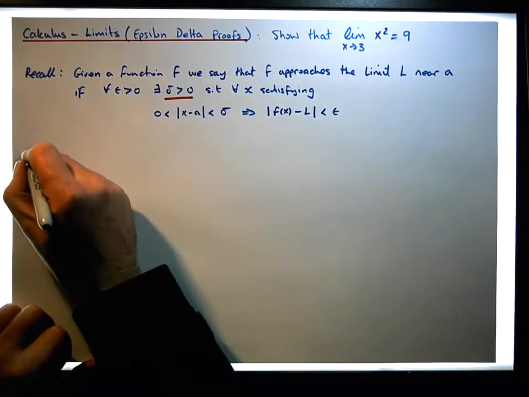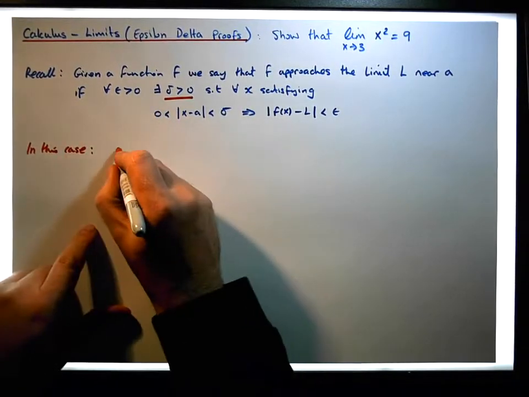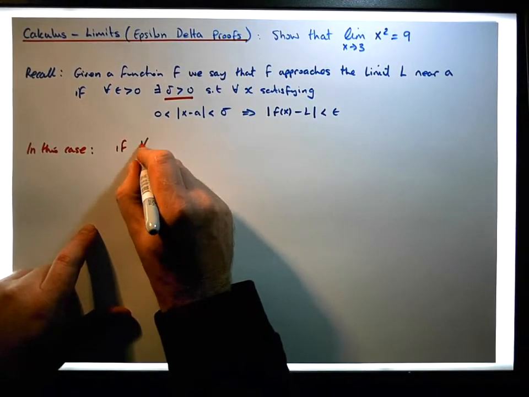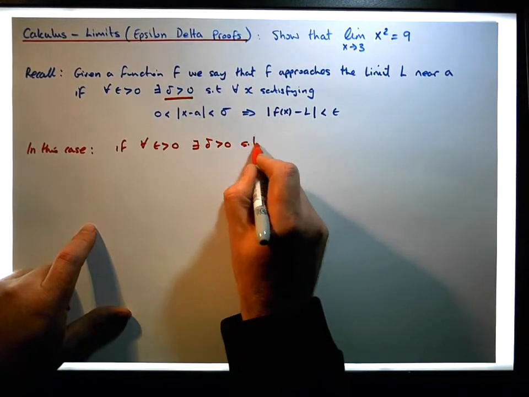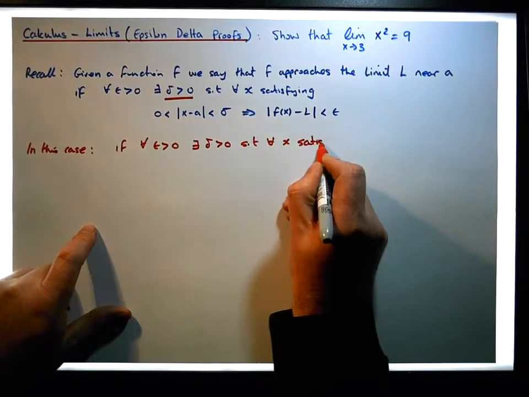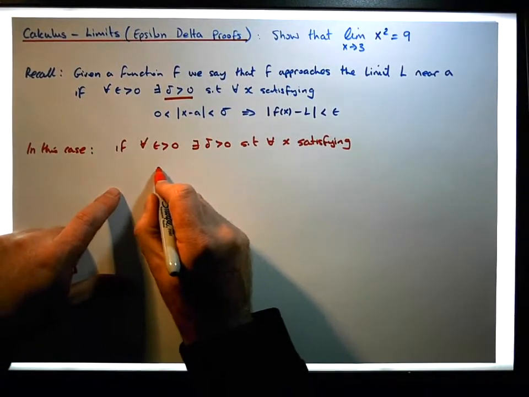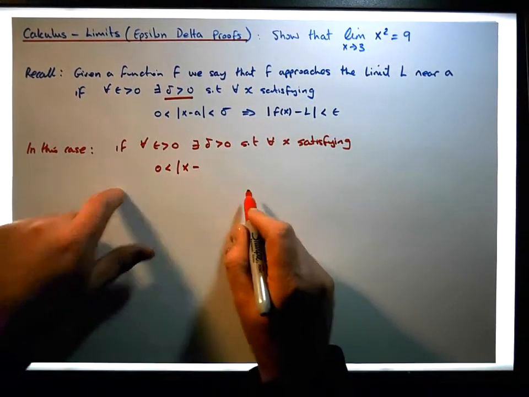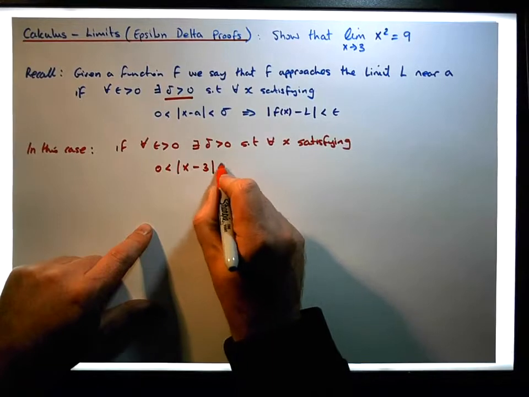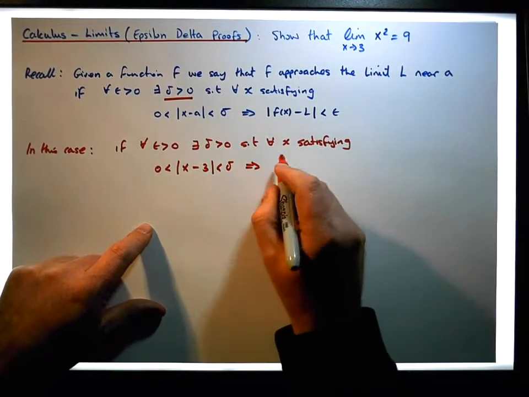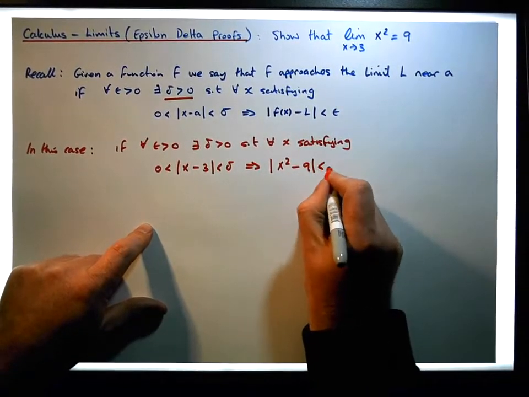So what we need to show is that for each and every epsilon greater than 0, there exists a delta greater than 0, such that for each and every x satisfying 0 < |x - 3| < delta, where 3 is what x is tending to, this implies that the function x squared minus the limit, which is 9, must be less than epsilon.